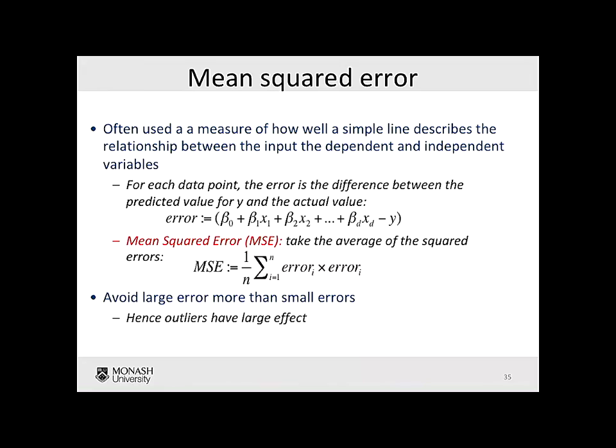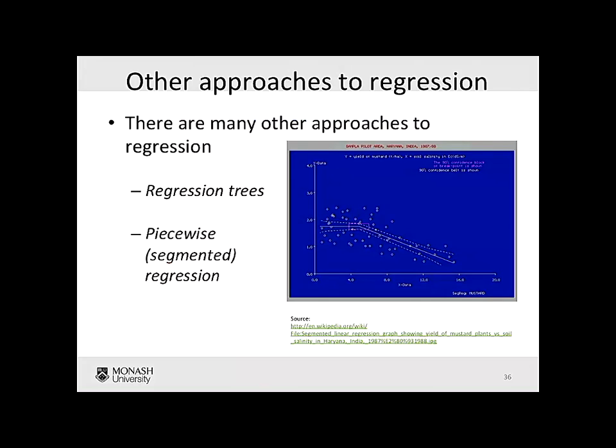Obviously outliers have a large effect, and outliers have a large effect on most regression analysis, so we generally have to be careful. There are loads of approaches to regression, and lots of different types of regression analysis. Look at your data, try and see what would be useful for that particular data set.